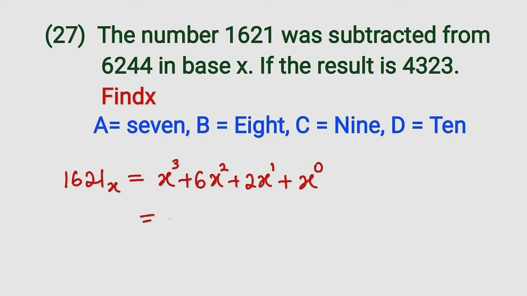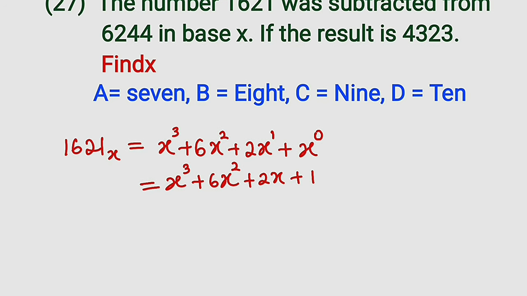Then simplify. This is going to give us x cubed plus 6x squared plus 2x, then x to the power of 0 is 1. So we are done with this first number.